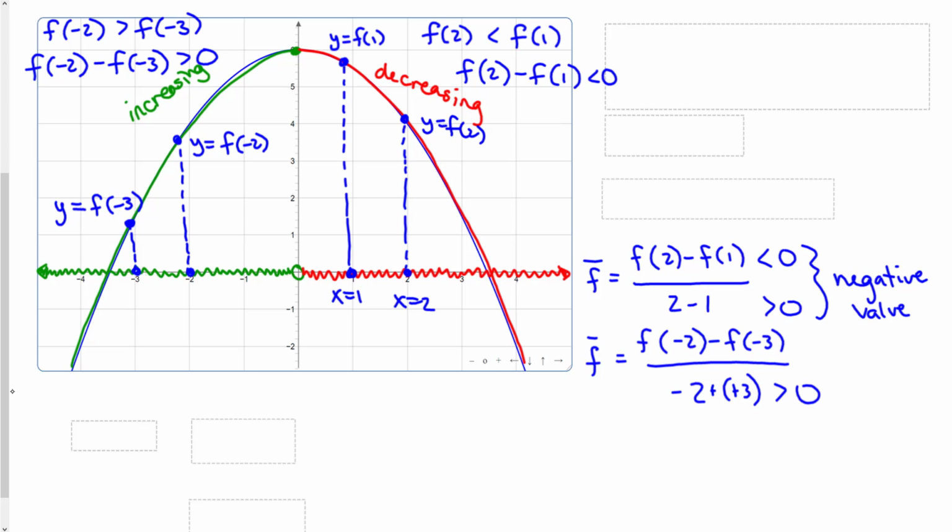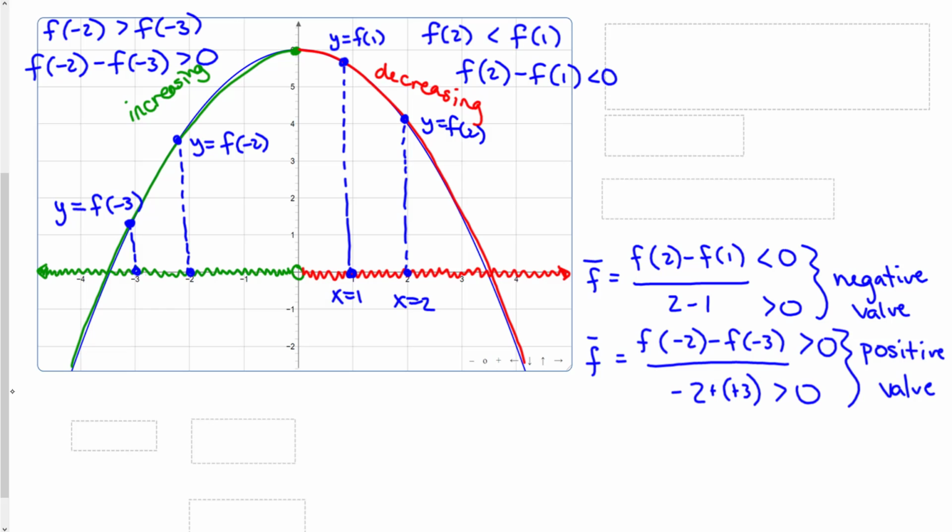F of negative 2 minus f of negative 3 on this increasing interval, we've already determined that that's going to be a positive. And a positive divided by a positive results in a positive value. And that's going to be the case on any interval that is increasing.